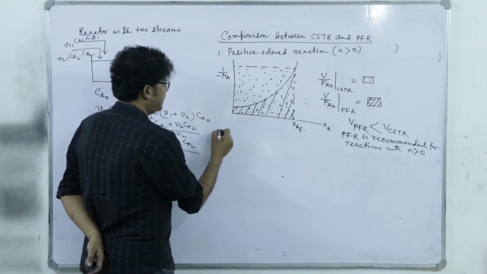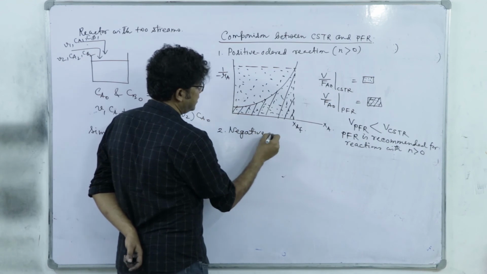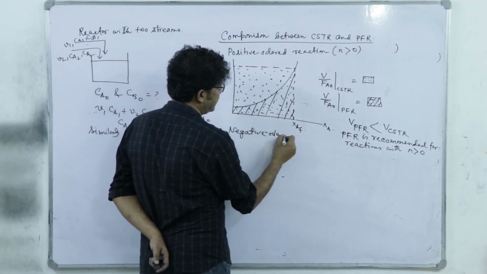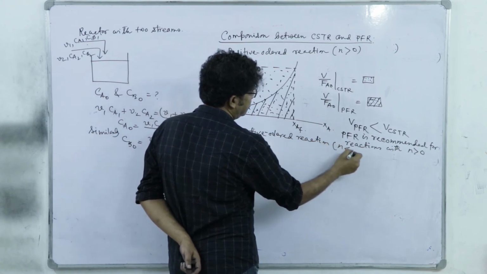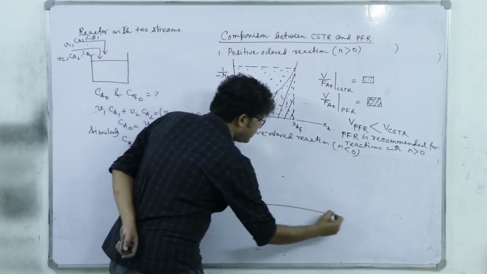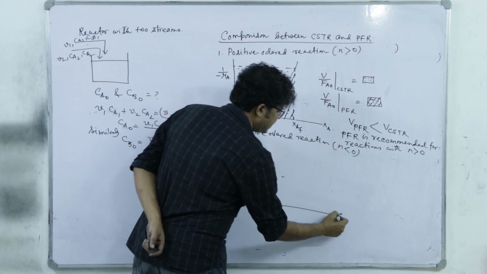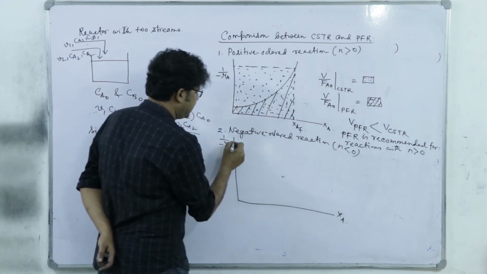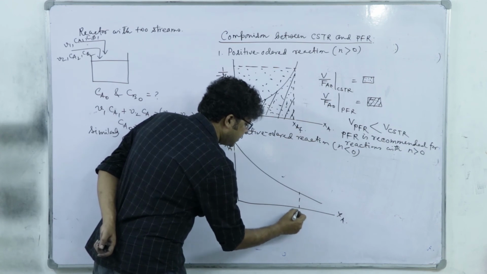Right. Second, negative ordered reaction, n less than 0. So here we have 1 by minus Ra versus Xa, a monotonically decreasing profile like this. Now here let's say it is XAF.